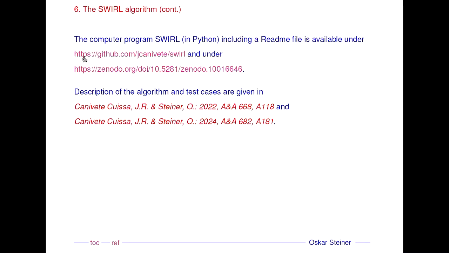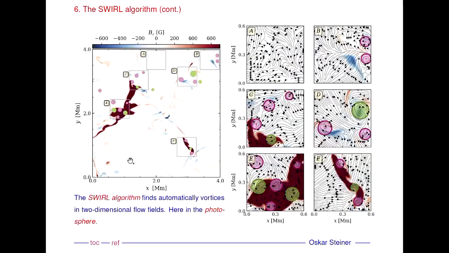There is a GitHub address and Zenodo where there is a Python program of this algorithm that I just explained, and the algorithm is explained in these papers. Here we have then applied it to a simulation of the solar surface.